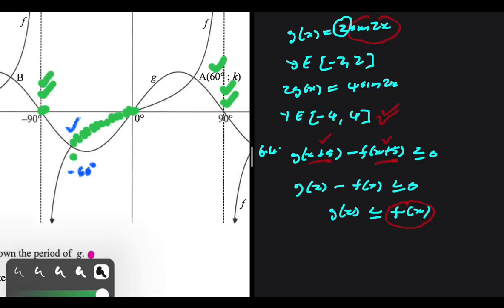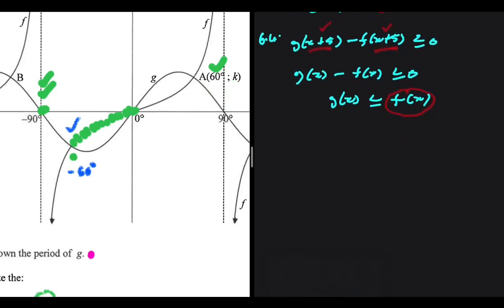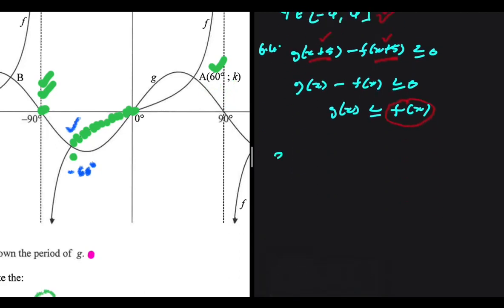So this point where they touch, let's call this point A prime. It is just a reflection of this point A. That is why if the x value at A was 60, the x value at the point where they touch will be minus 60. So let's go ahead and write our solution. f of x is greater than or equal to g of x when x is from minus 60 until x is equal to 0.